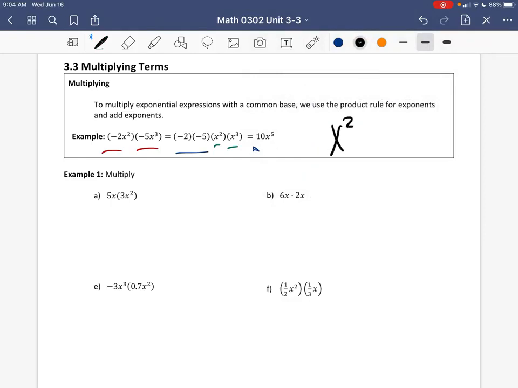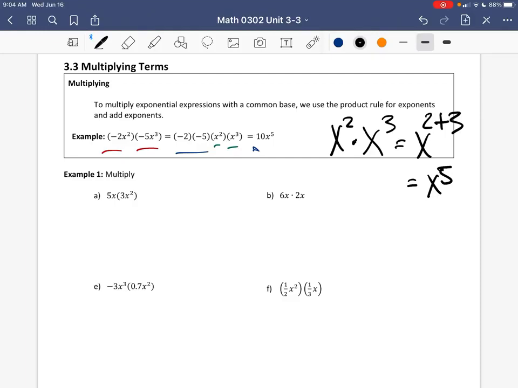The bases are the same. The base here is an x. So very quickly, as a review, how do you multiply these two terms that have exponents? That's the same thing as a variable x raised to the 2 plus 3, and that gives you x raised to the 5.